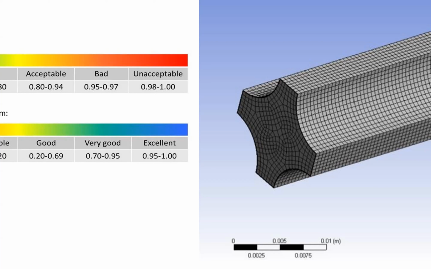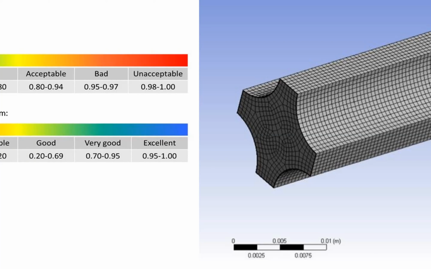If your node or cell number is not very high, then your solution is less likely to converge and will not be that accurate.